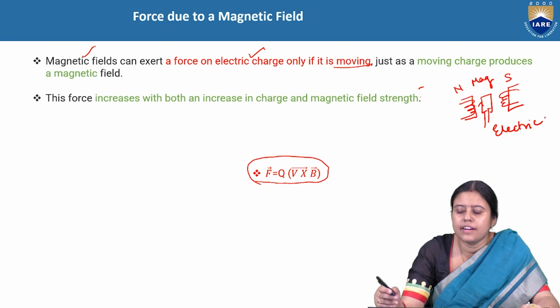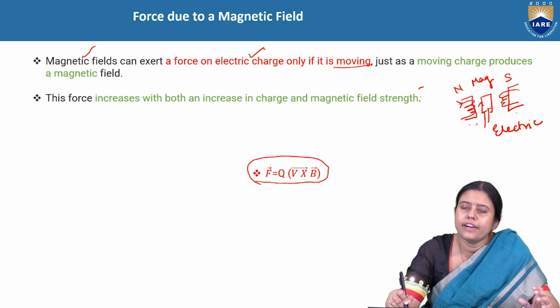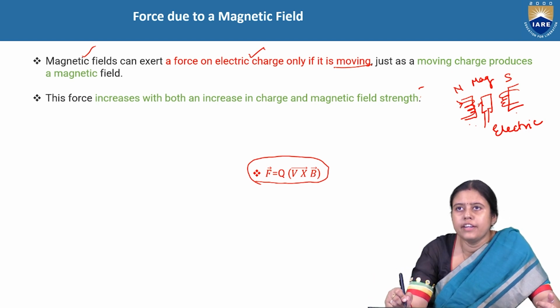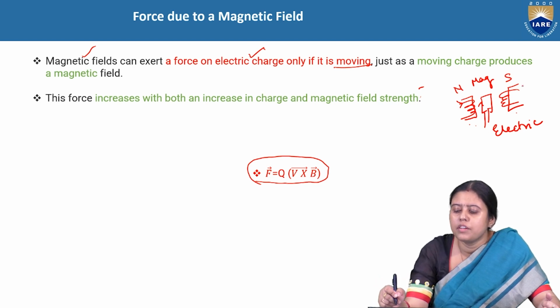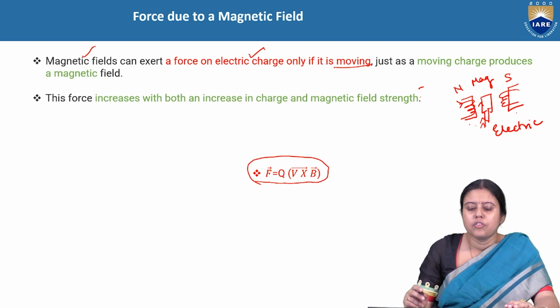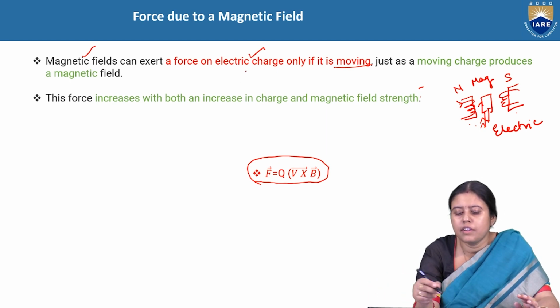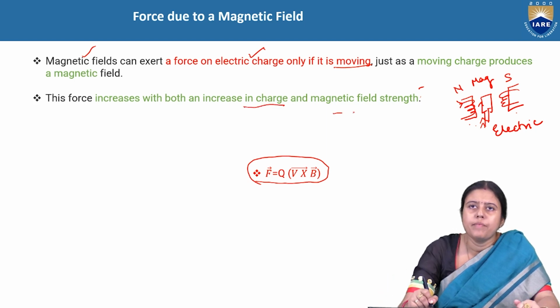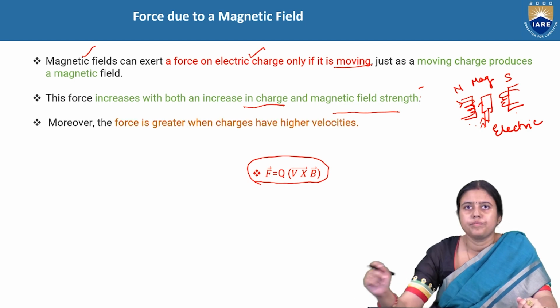If we increase the current in the pole, the magnetic field will increase, which means it will get more force. Similarly, if we increase the current in the armature, it will also increase the force. So the force depends on two things: the increase in charge or current, and the magnetic field strength.